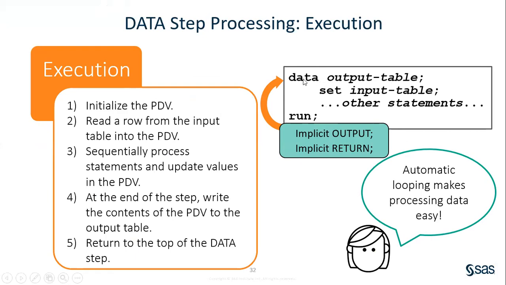So when the first data statement is read, it initiates that execution has to begin. When it moves to the set statement, it initiates that the data step is to begin to create a new row for this data set, and your PDV has to be vacant. So it gets initialized to missing.